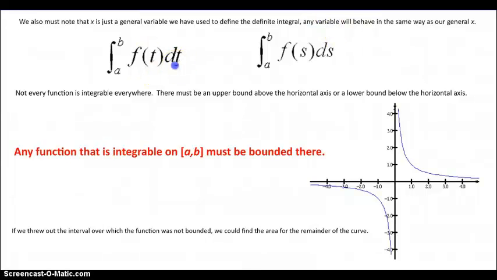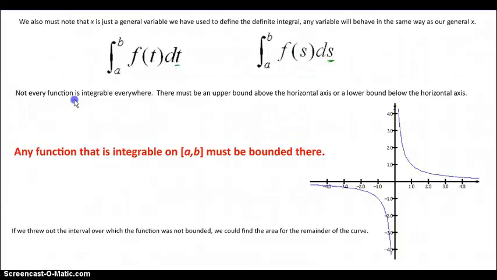Remember, this is still the with respect to. So if we have a function in t, it's asking us to find the antiderivative with respect to t. Here it's asking us to integrate, or find the signed area, to accumulate the area trapped in the plane between this curve and its horizontal t-axis. Here we have a horizontal s-axis.